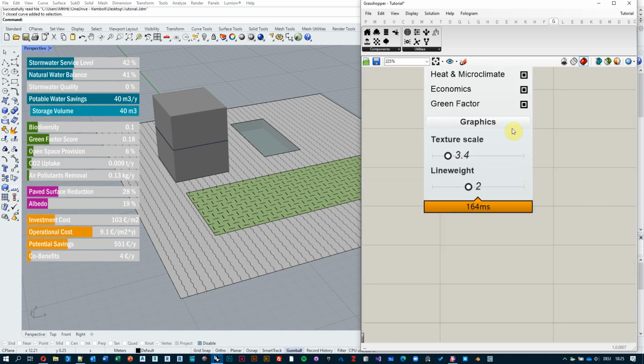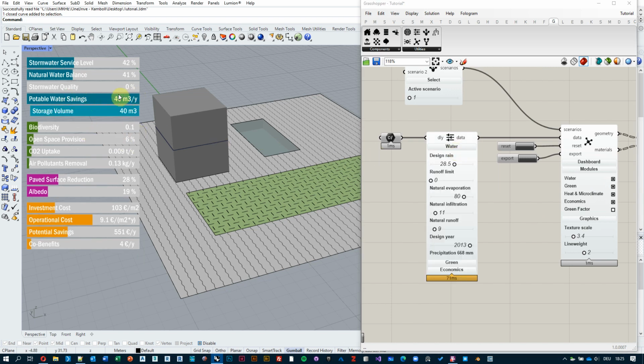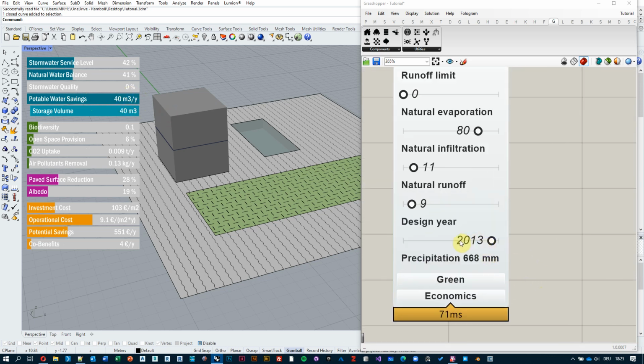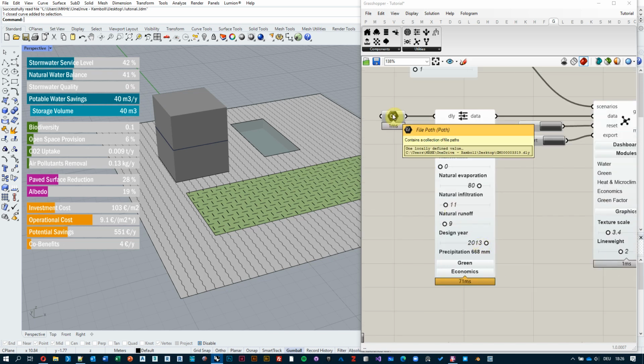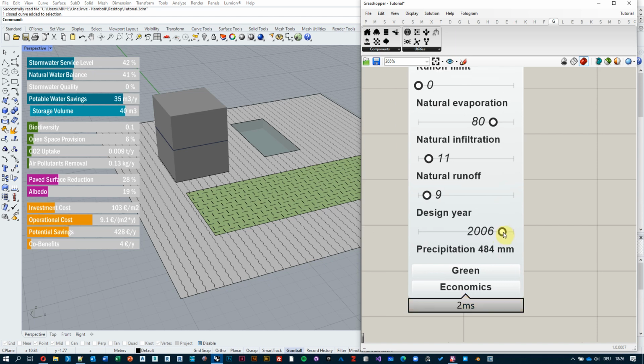Another thing to consider as well would be which event are we calculating this for. So our 40 cubic meters over here are calculated for this particular year, 2013, because we have our daily file connected. We can analyze different years and then see, for example, in a drier year, 2006, the savings will be less.